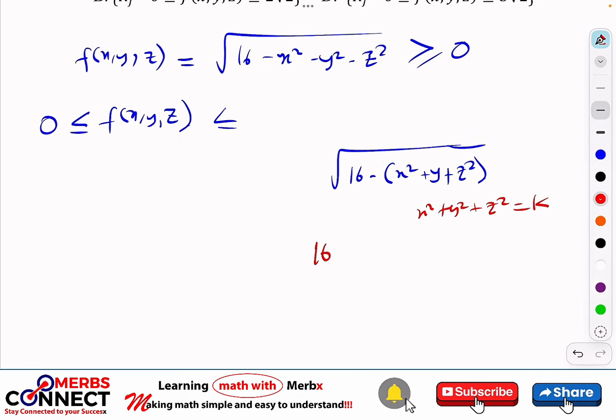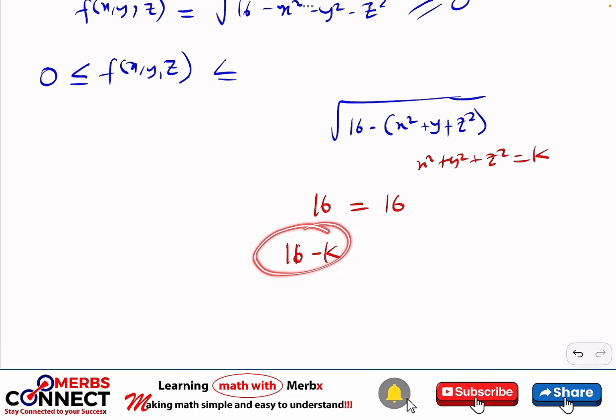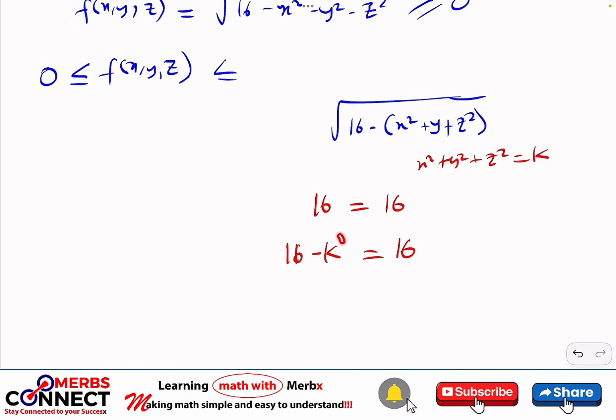So set up an equation saying that 16 is the same as 16. But here now, I want to subtract a constant from 16. So if this constant is 0, then it's going to be the same as 16. But if this constant is not 0 and let's say it is 1, it means that this will be less than this. So we can write this one as less than or equal to 16.